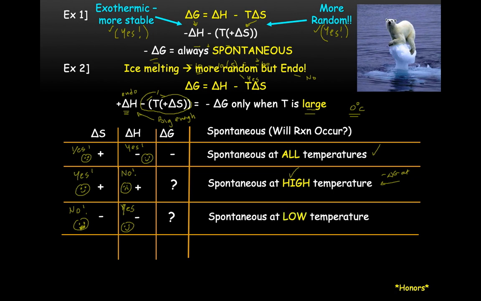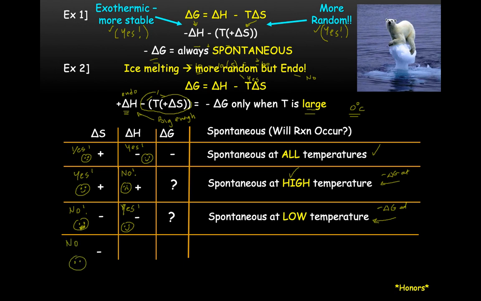So this is going to be spontaneous at lower temperatures. We want that sign to be negative, so I'm going to say negative delta G at low T. That's important to know.